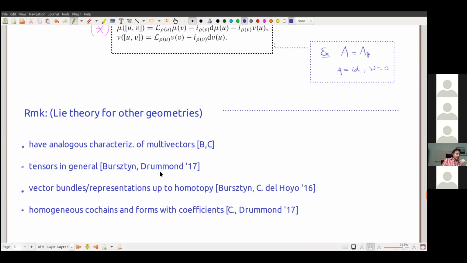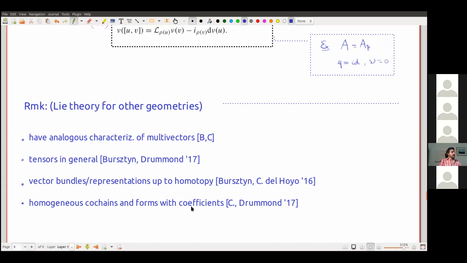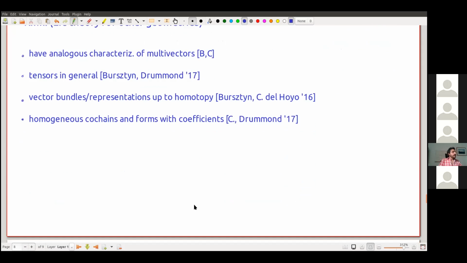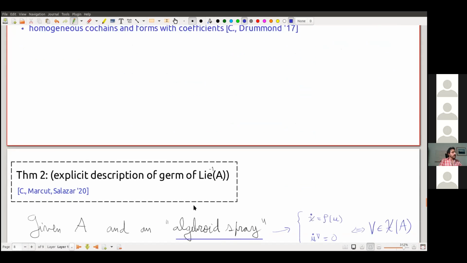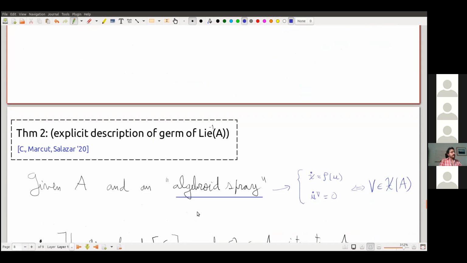And they have interest from many different directions, and this is, I guess, a list of some results. So let me go quickly to the other two.